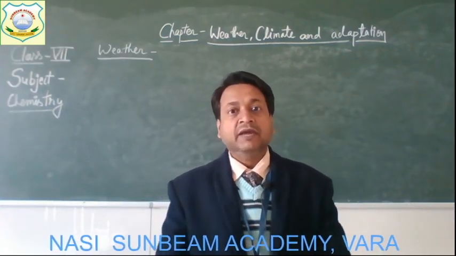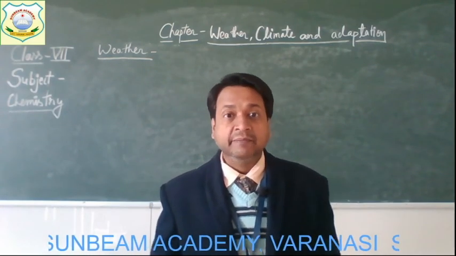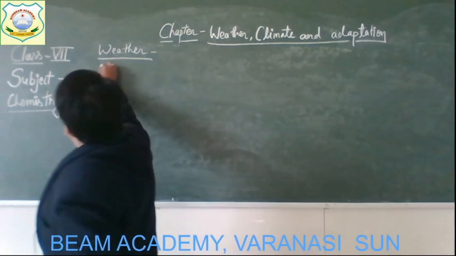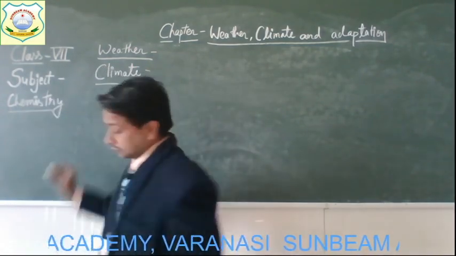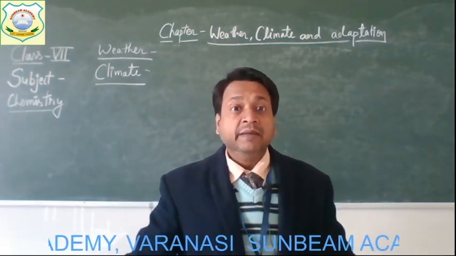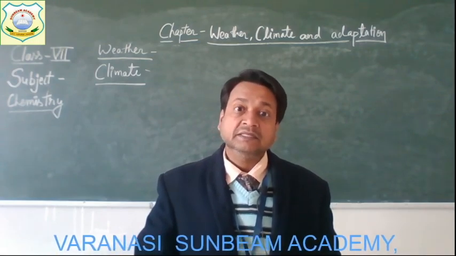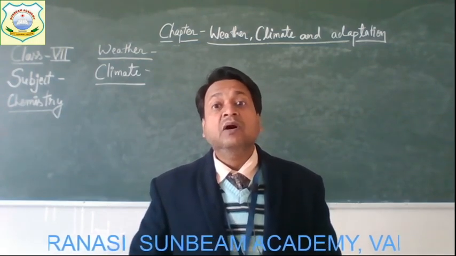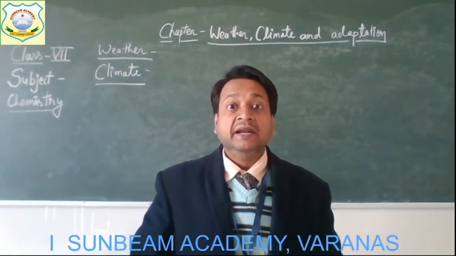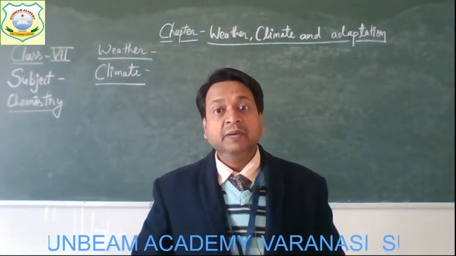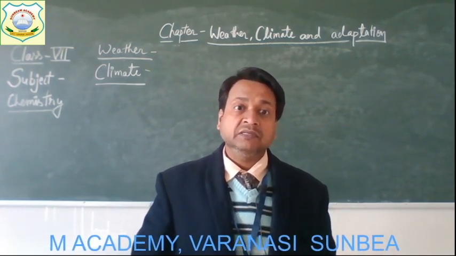Children, after the weather, the next topic that we will discuss is the climate. The climate is the weather pattern of a place that can be seen from the weather records of the past several years, and the average weather pattern of a place taken over a long time, say about 25 years.